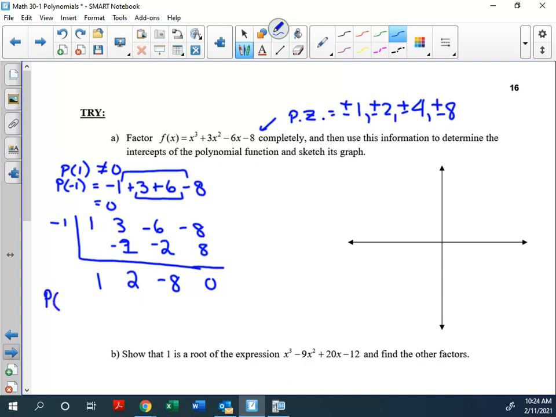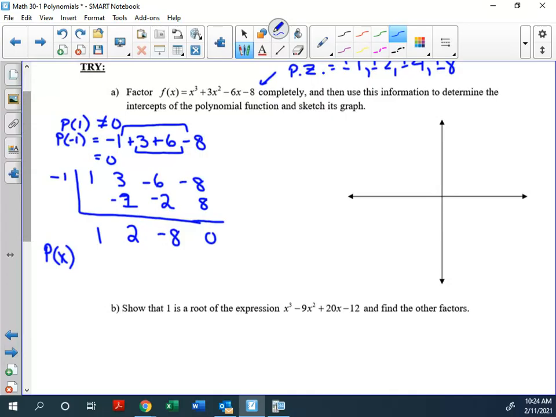So maybe at this stage, it's a good idea to say, all right, here's what I know. I took out a root of -1, so the first factor I knew was x plus 1. Do you see how I'm just going to write what I know right now? The other factor is x squared plus 2x minus 8.